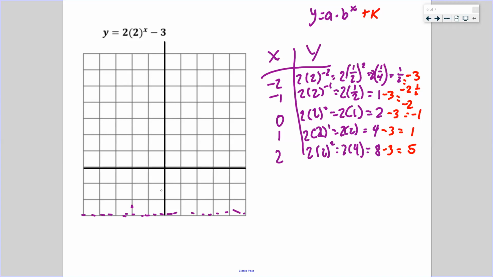So again, I'm starting to go pretty quick. 0, -1, 1, 1, 2, then 1, 2, 3, 4, 5. So then you have your asymptote there. It'll shoot up. And there you go. So that will be your graph for y equals 2 times 2 to the x minus 3.